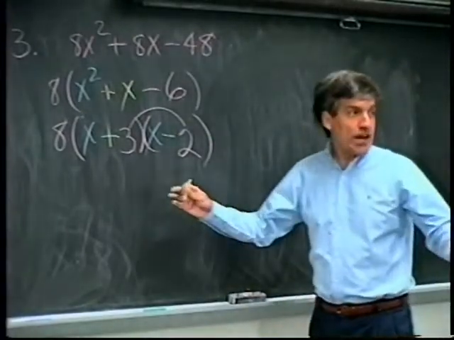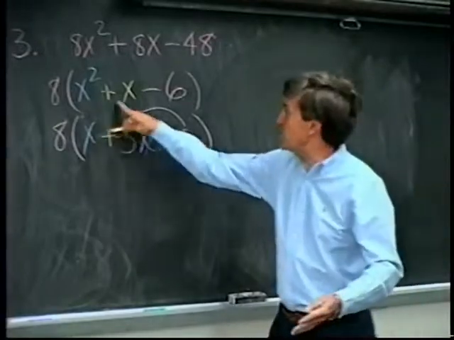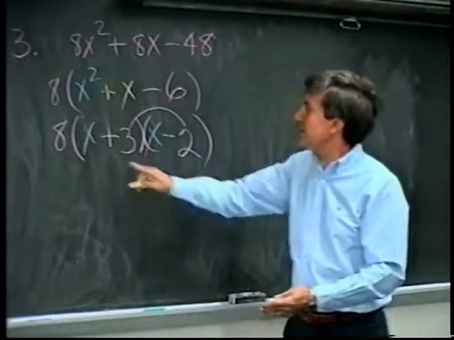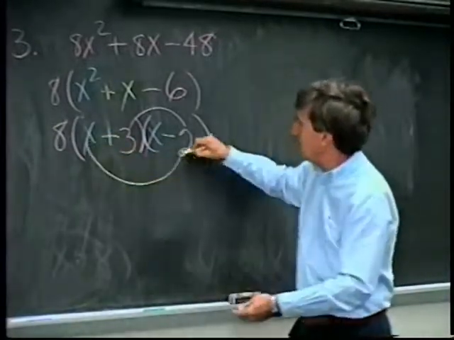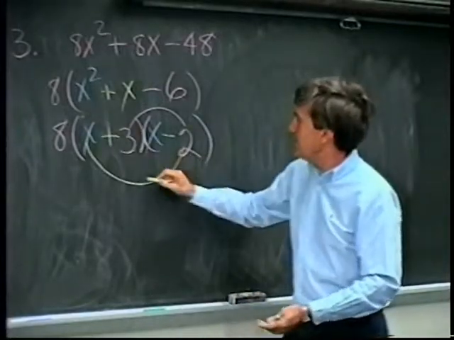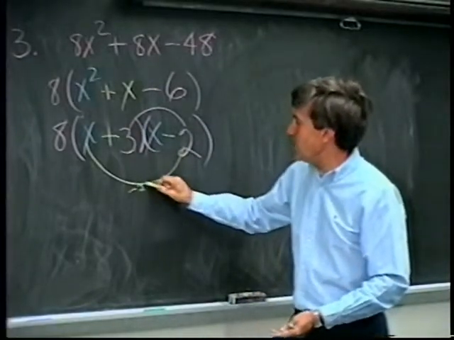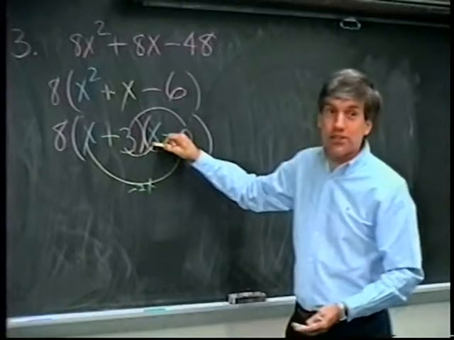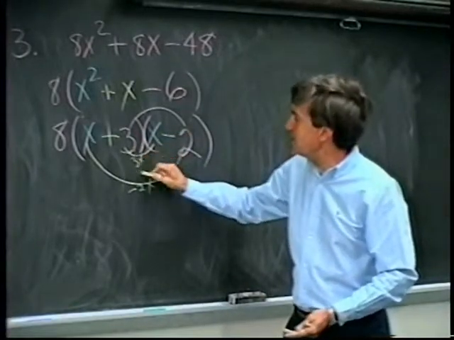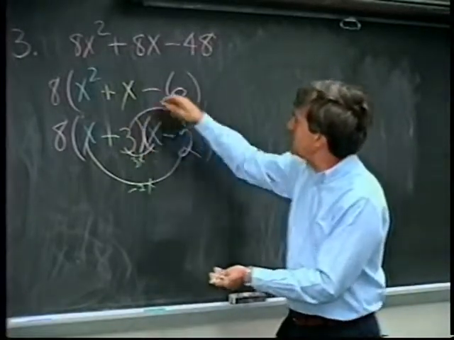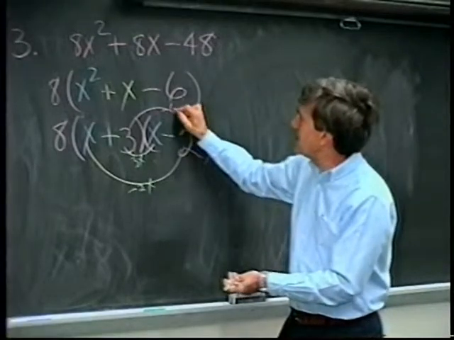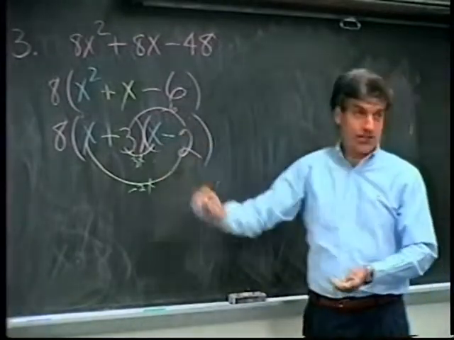Now, do a quick check. First times first, x times x, x squared. The outer times outer is negative 2x. The inner times inner is positive 3x. And the last times last is negative 6. And sure enough, it checks.